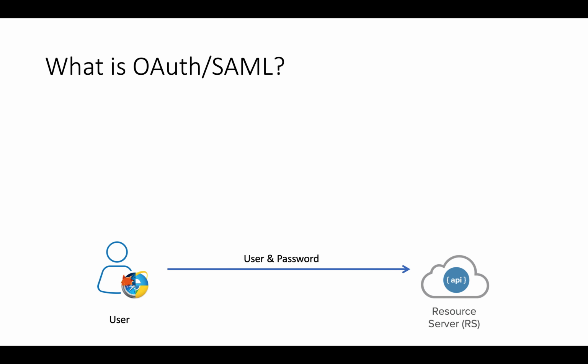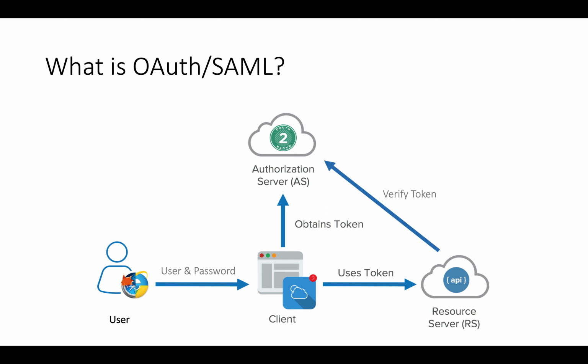The user's authorization is verified with the DB and the user is allowed to access the resource. Compare this flow with the OAuth or SAML flow, which will look like this.